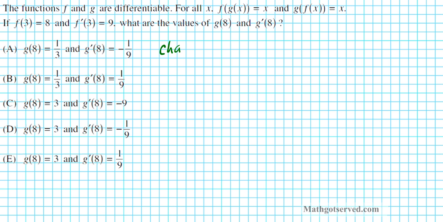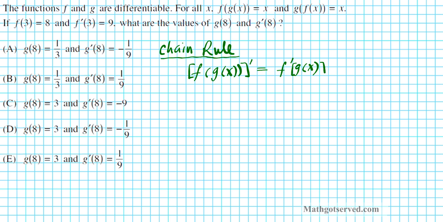So the chain rule, if you have a composite function f of g of x and you want to find the derivative of this function, the derivative of f of g of x is equal to f prime of g of x times g prime of x.